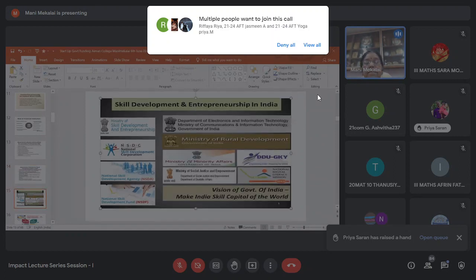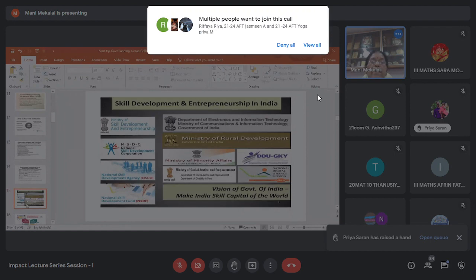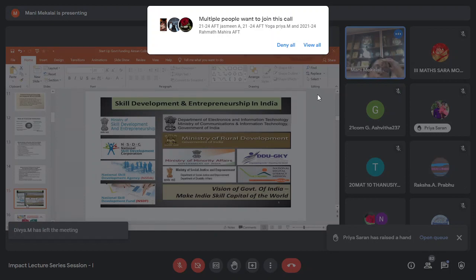Another major requirement or scheme available is skill development and entrepreneurship. There are different ministries involved, and they are under a single umbrella scheme. Under the single umbrella, several ministries join together and render service to enhance skill.